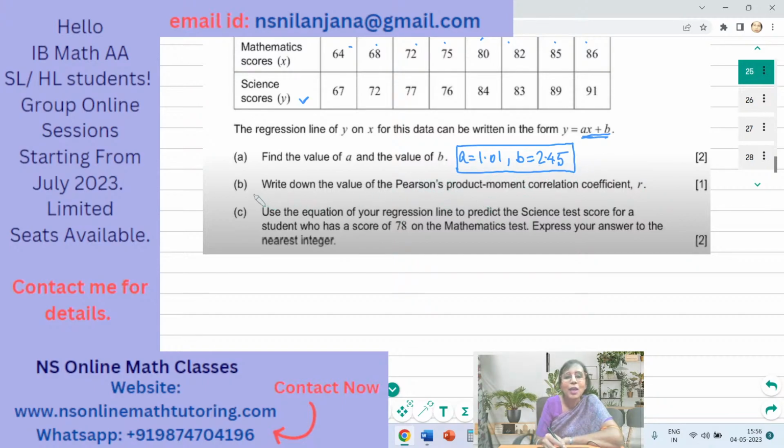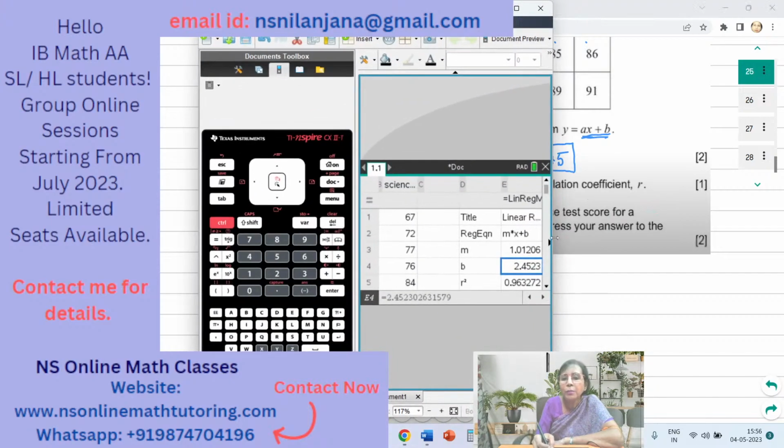Okay. So subpart B. Write down the value of Pearson's product moment correlation coefficient R. We're just copying, because the R value is there as well. Over here, you see the R value is 0.98146. So 0.981 up to 3 significant figures.